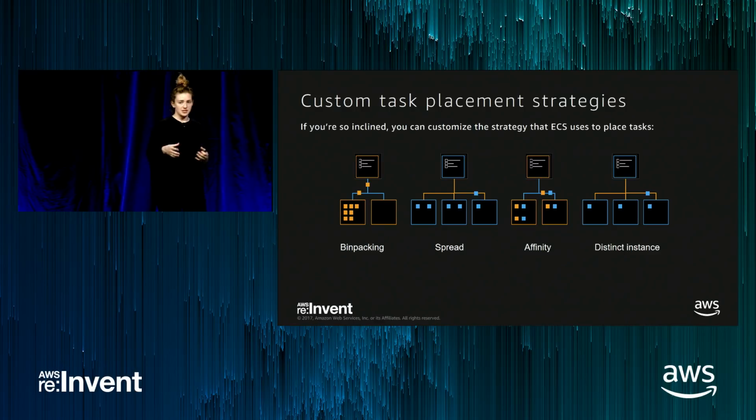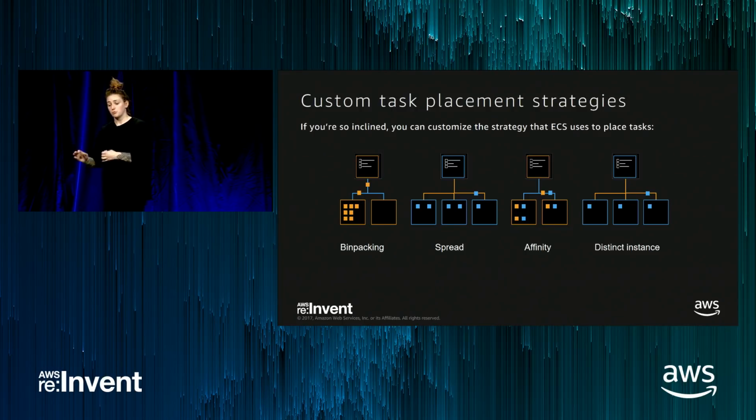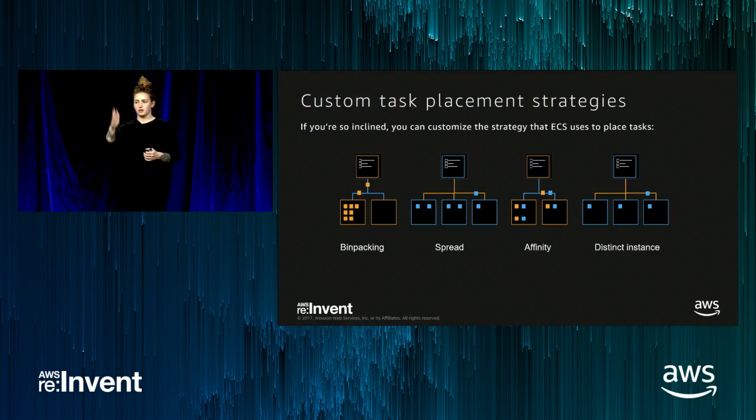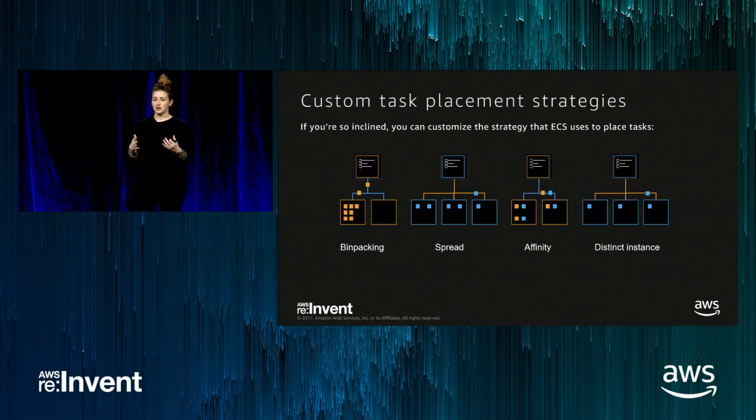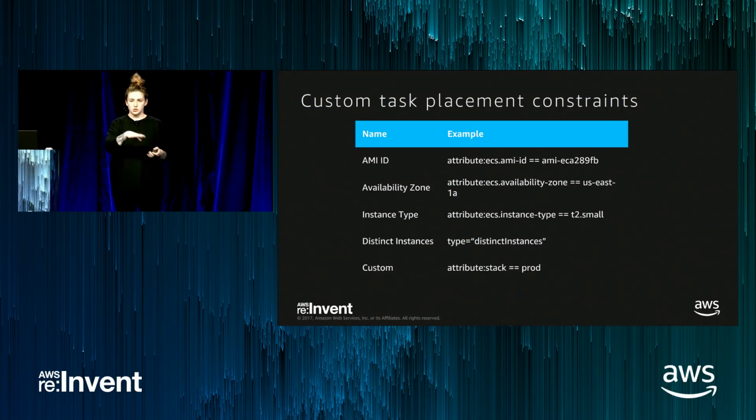And you had to run that basically yourself, through EC2 user data, or you had to go and start it yourself. You couldn't really manage it through a service. But what's cool is that you can use a distinct instance now, and that will place 1 per host. So if I have like a messaging daemon, a container that I always want to run to collect logs, I can make sure that there's 1 and only 1 on each host that I've started as I auto-scale. You can also write some custom constraints. So this is what we were talking about a couple seconds ago, that you have custom ways to place things.